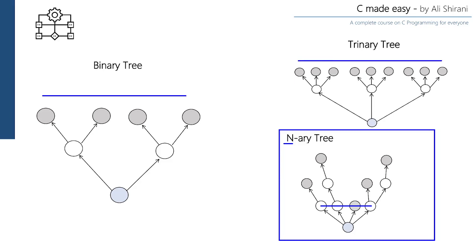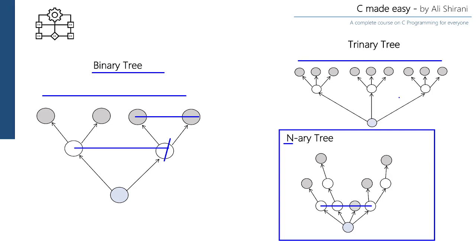These two are child nodes of the root. These two are child nodes of this one. Whenever we have a number already specified, we have binary and trinary, commonly known as trees.